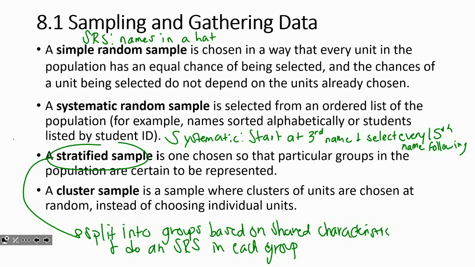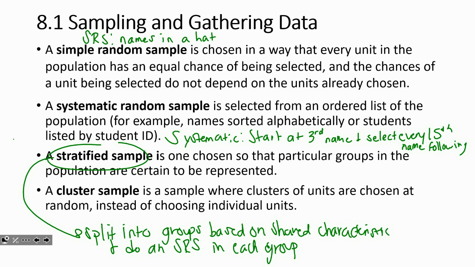Okay, so let's talk about what that means. When we talk about stratified sampling, you're splitting the initial population up into groups. So again, I'm going to refer back to thinking about a high school. One of the easiest ways to split students up would be by their grade level. So let's say we're talking about East High.